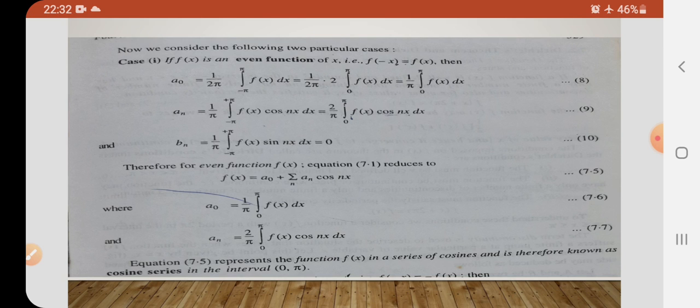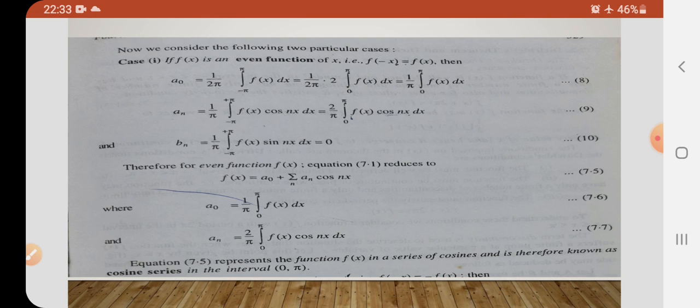The first case is when the function is an even function of x, meaning f(x) equals f(-x). The meaning of an even function is that when we put the value of minus x in place of x, we get the function unchanged. Then we have a_0 equals 1 upon 2 pi, integral from minus pi to pi, f(x) dx.